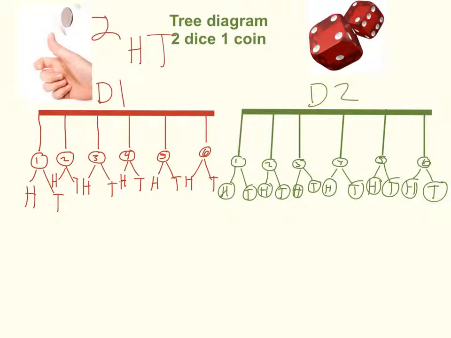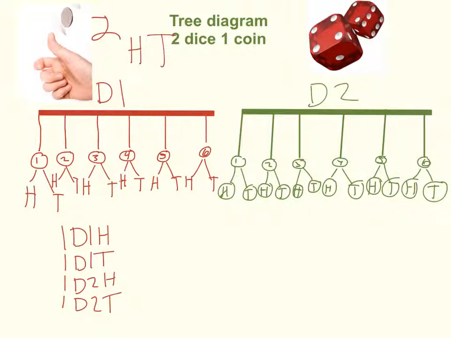And then how do I figure out my chances of getting any of these combinations? Well, first I need to make out a list. So I can say die 1, or first die, side 1, heads, first die, side 1, tails. And then I can say first die, side 2, heads, first die, side 2, tails, and I will go all the way down until I get to 6 and tails.